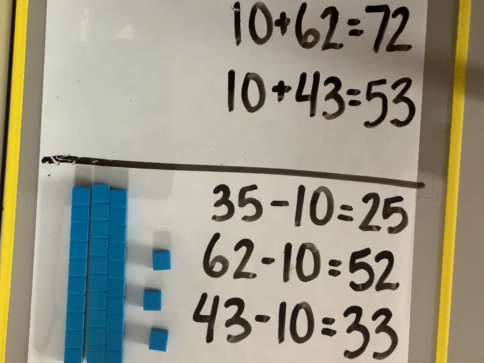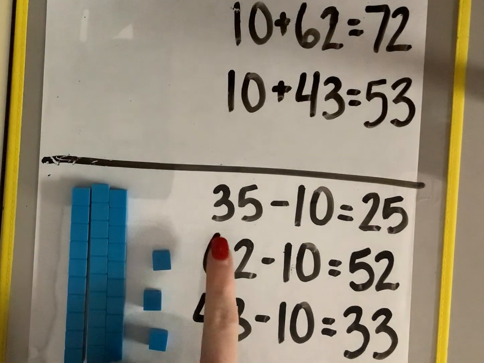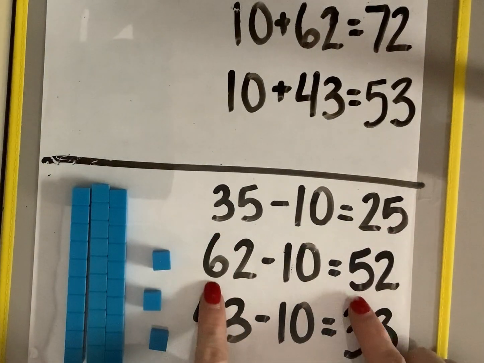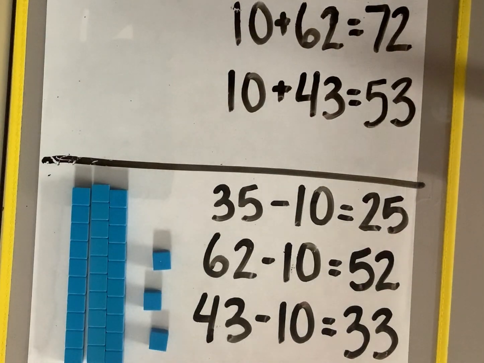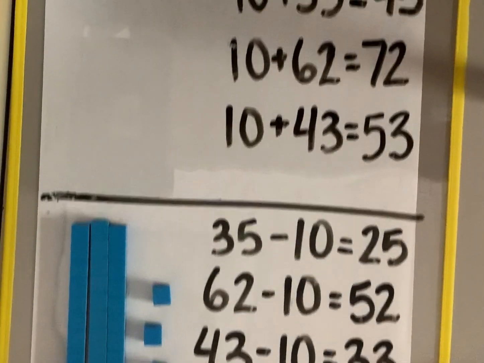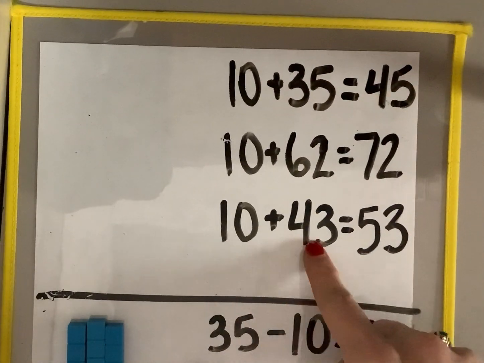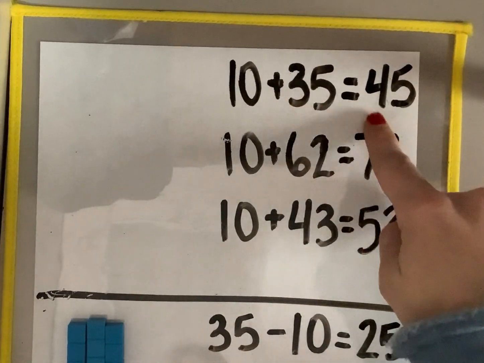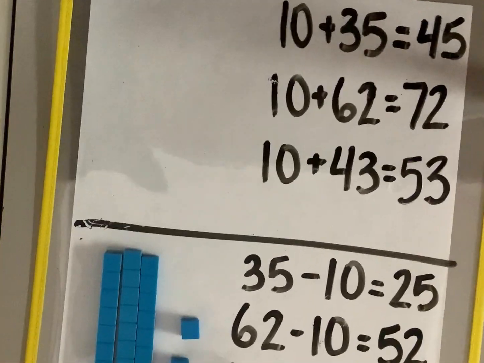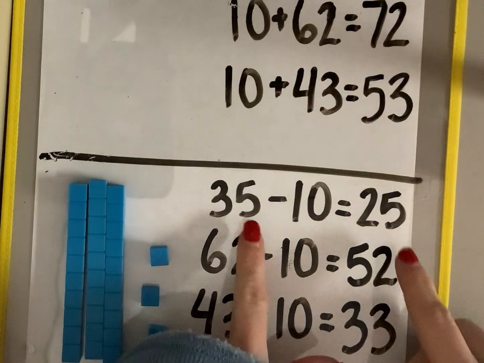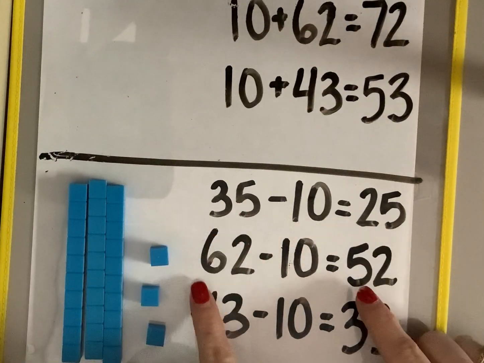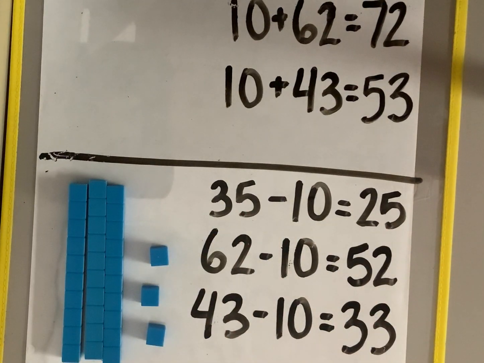I ask myself, what is 1 less in the tens place? 3 to 2, 6 to 5, 4 to 3. All I have to do is either add 1 to the tens place if I'm adding: 4 to 5, 6 to 7, 3 to 4, or if I'm subtracting, I take 1 away from the tens place. 3 to 2, 6 to 5, 4 to 3.